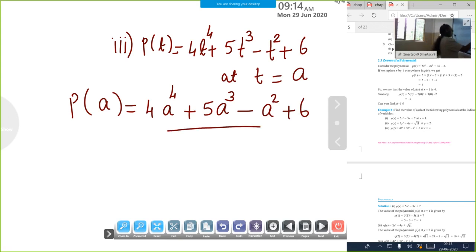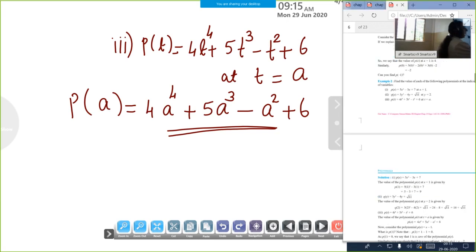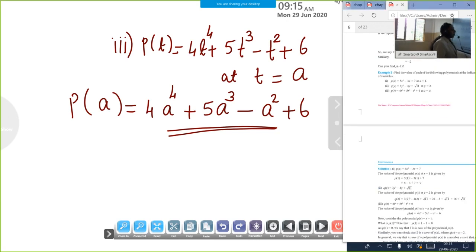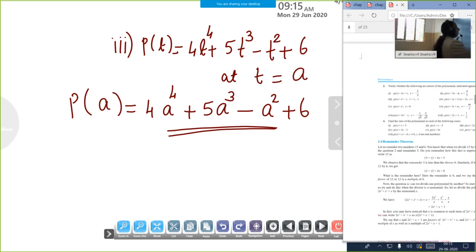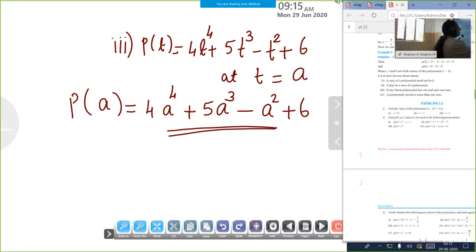Here there are no like variables, so this is our final answer: 4a raised to 4 plus 5a cube minus a square plus 6. This way you substitute the value for a polynomial.